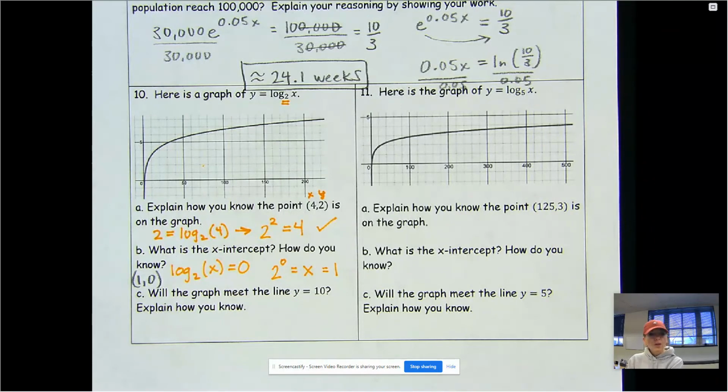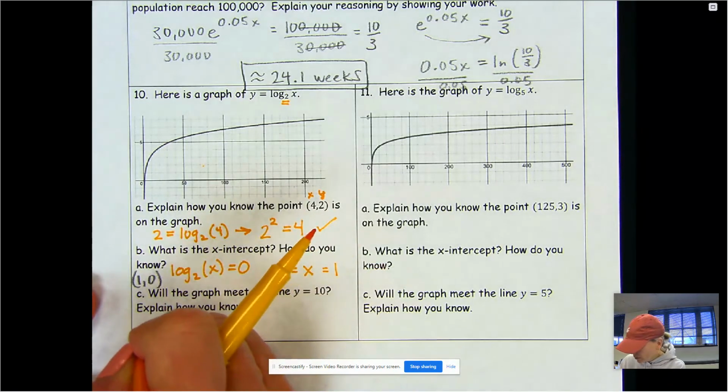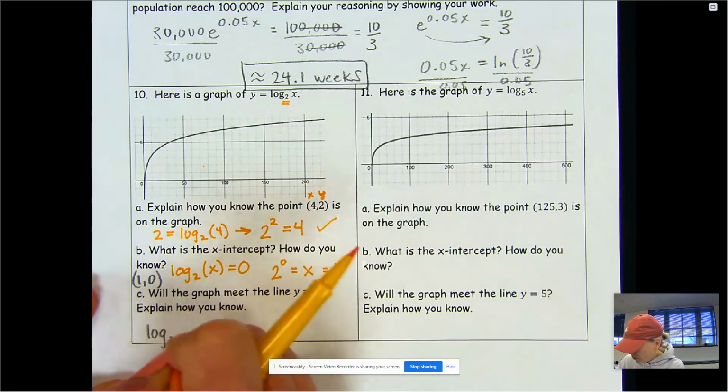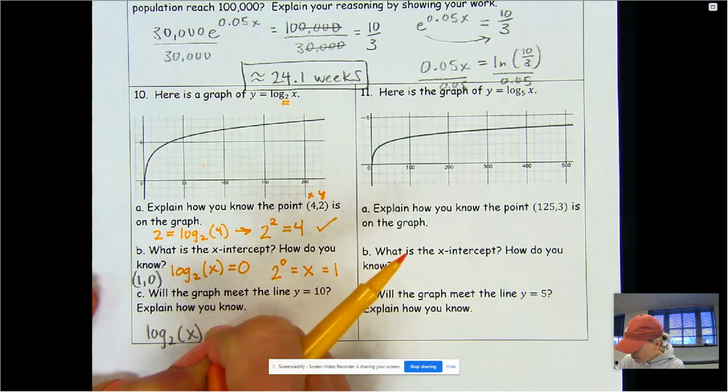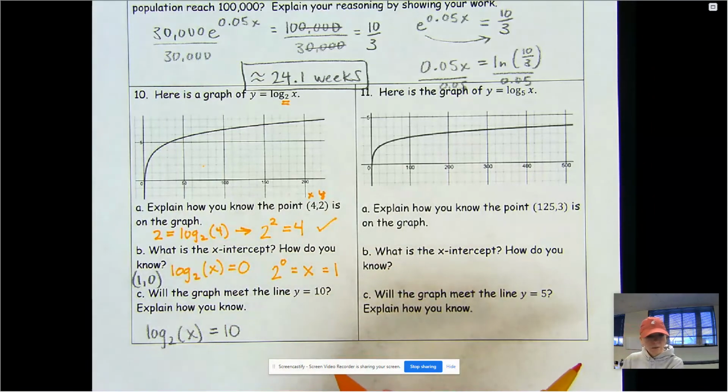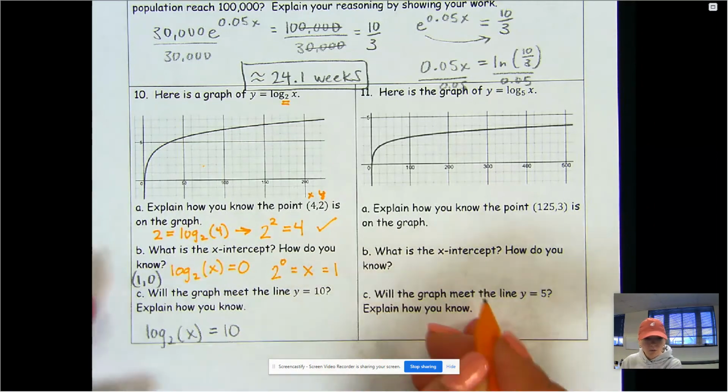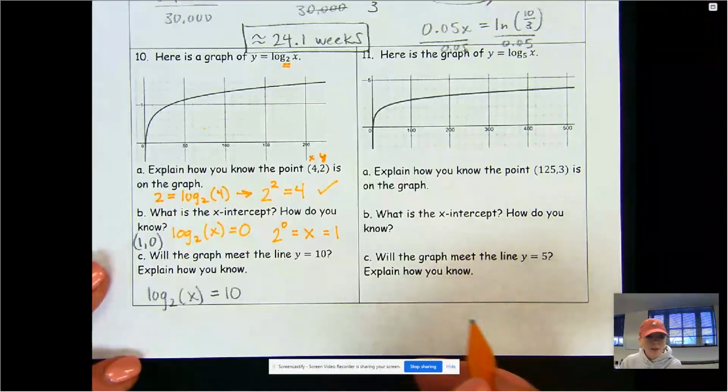Will the graph meet the line y equals 10? Explain how you know. The question is, will log base 2 of x ever equal 10? Well, yes, it will, because we can just switch forms, like we did in class the other day.